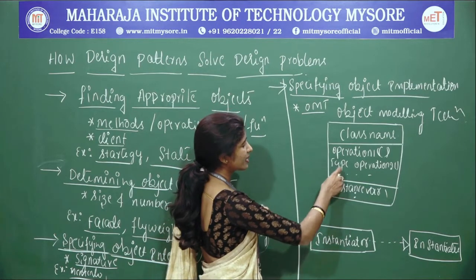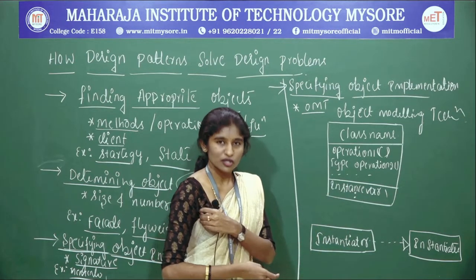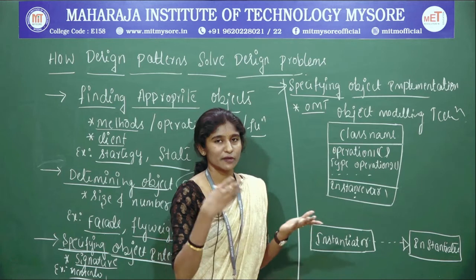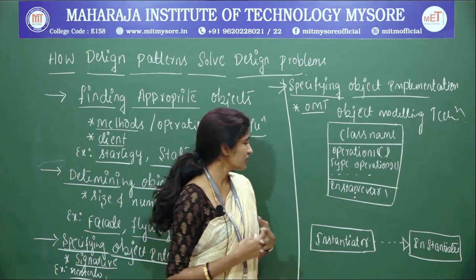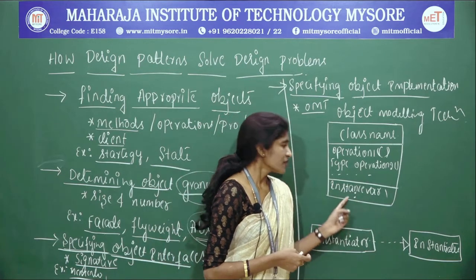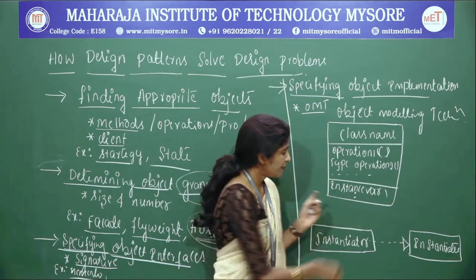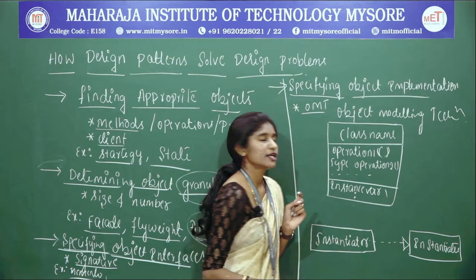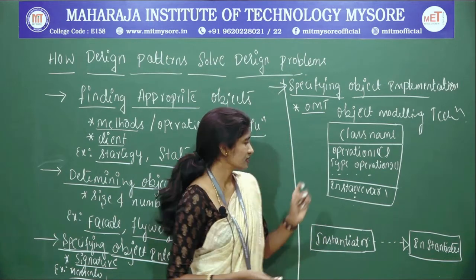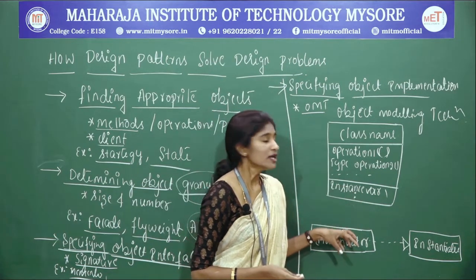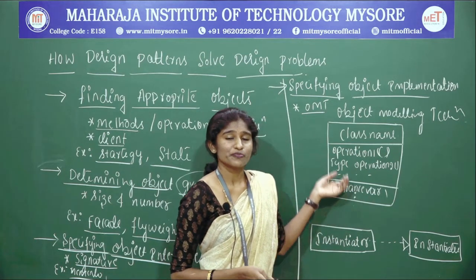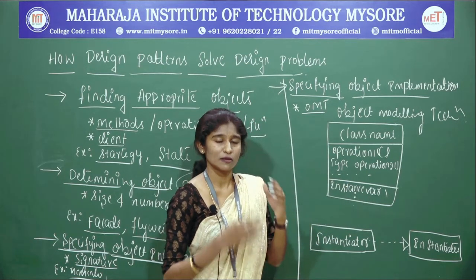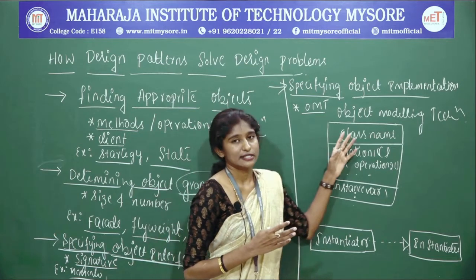Here I have given a type of operation also, so you can mention the return type, float, of a particular operation, that is a function. Within that you can see instance variable 1. I have put a dot here, so you can include n variables: instance 1, instance 2 and so on. Instance variables are nothing but the objects, you can say, so an object is created for particular classes, right?